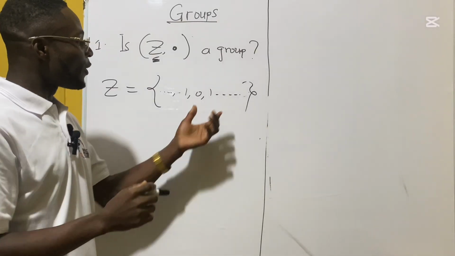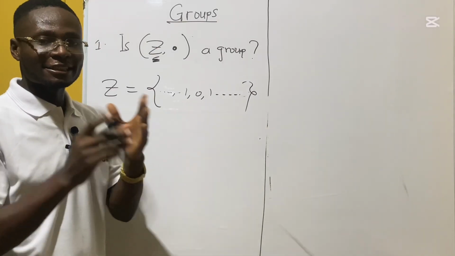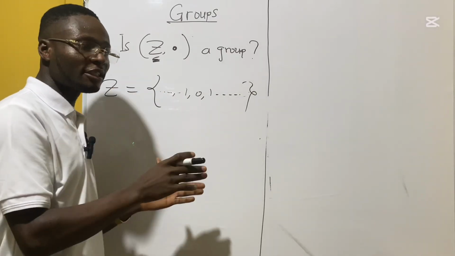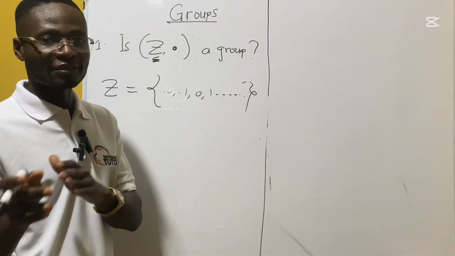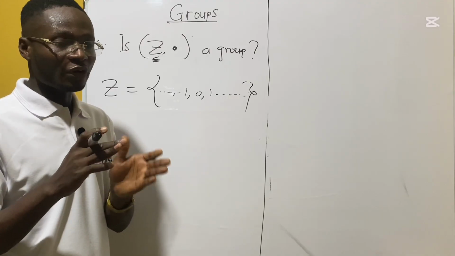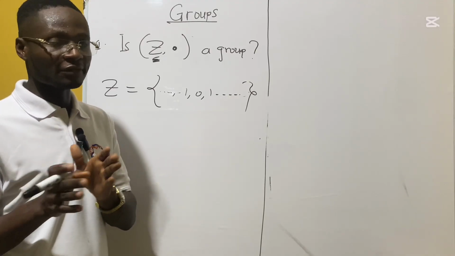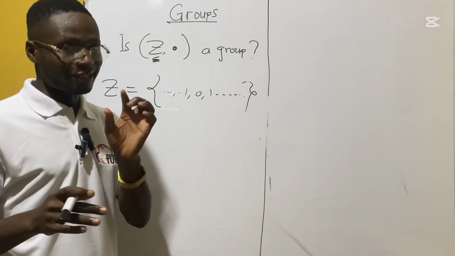Any number that is a whole number, either positive, negative, or zero. Zero is neither positive nor negative; what we are interested in is zero.